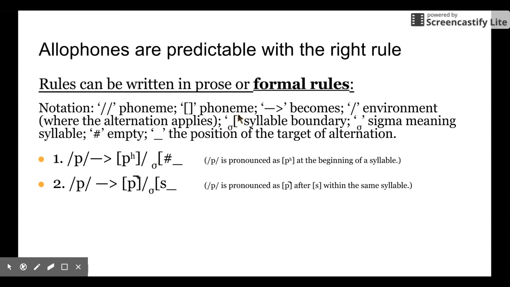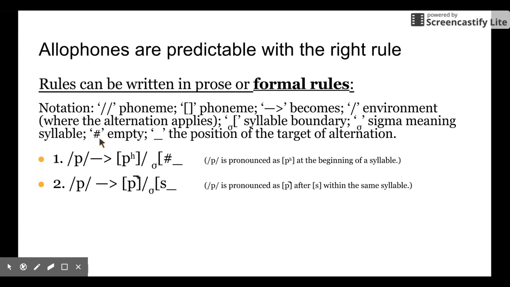And we use another square bracket and this sigma to indicate syllable boundary. So this sigma in lowercase means syllable. So this means the beginning of the syllable.